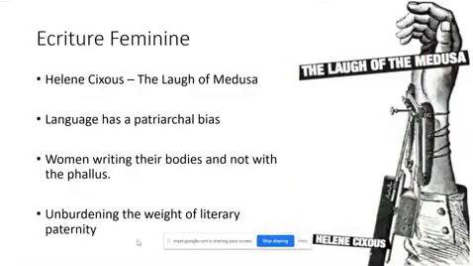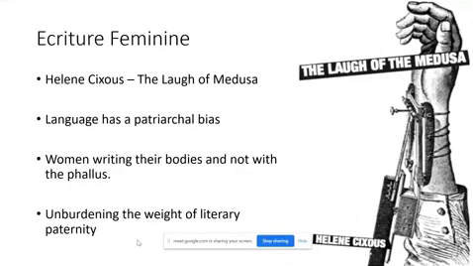So where you had gynocritics in the Anglophone world, you had literature feminine, which was a theory proposed in the essay called The Laugh of the Medusa by Hélène Cixous, who was a psychoanalytic feminist.